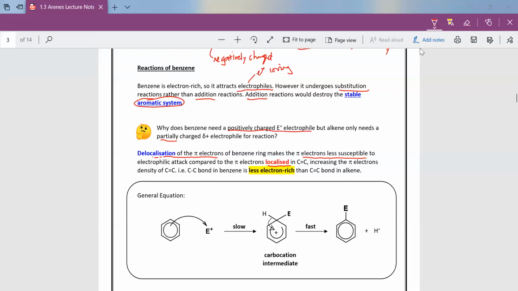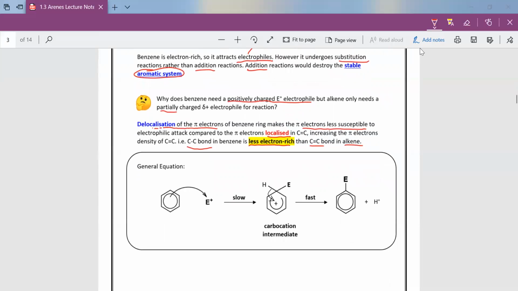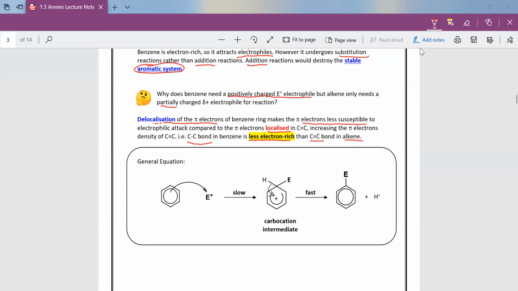So it makes the CC bond less electron rich compared to the CC double bond in alkenes. You can just think of it like the double bond is not localized between two atoms, so it is a little bit more dispersed in terms of electron density. Okay, so a general equation is what happens here.